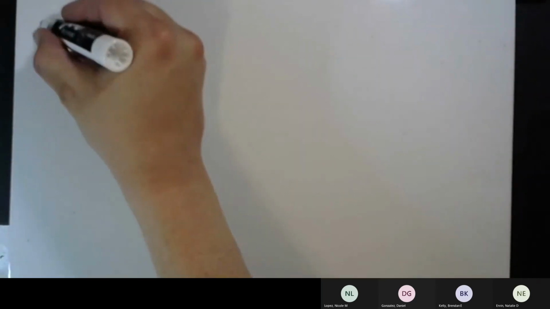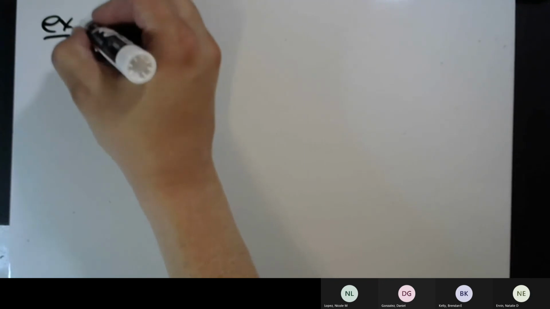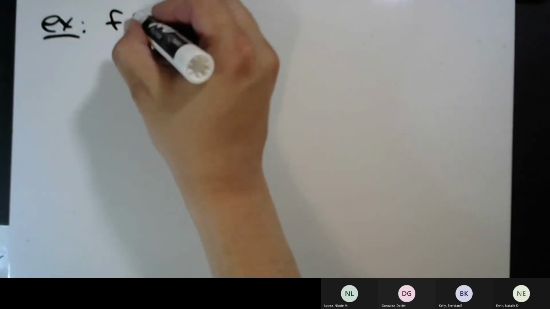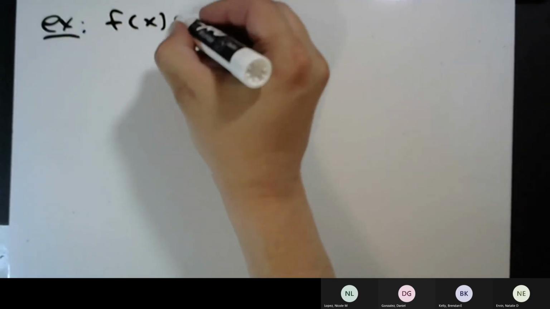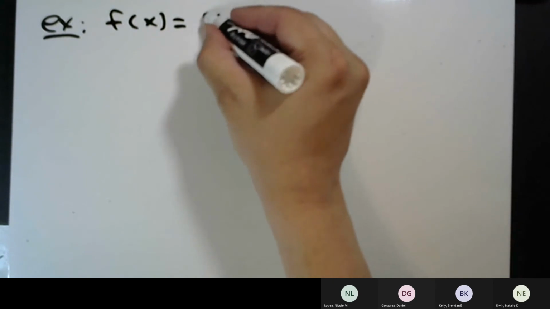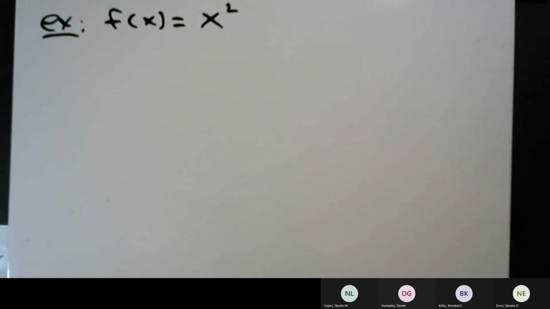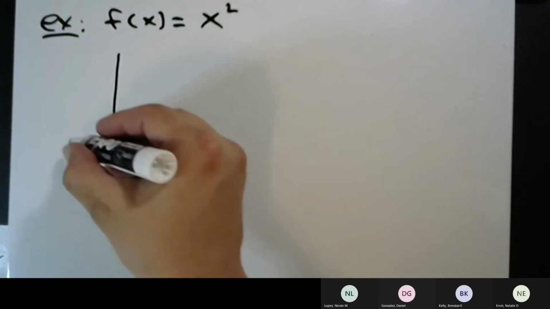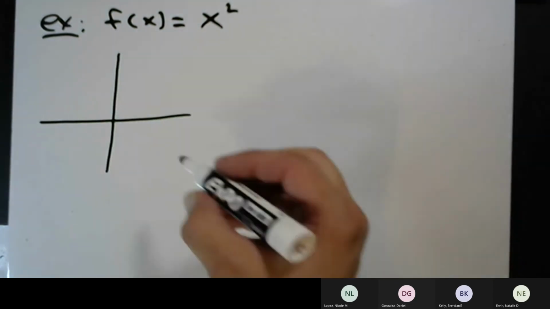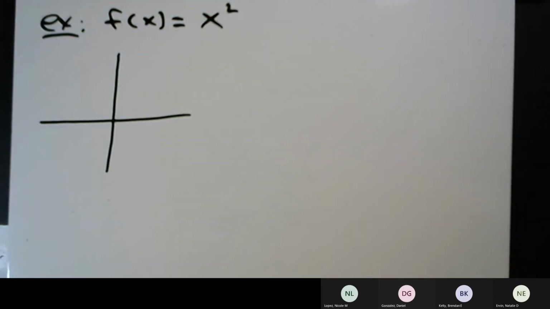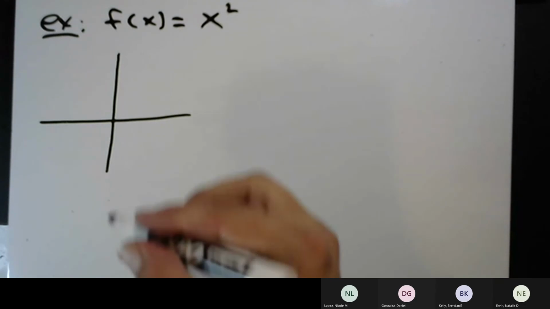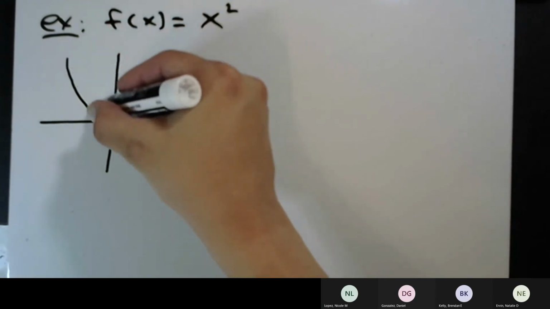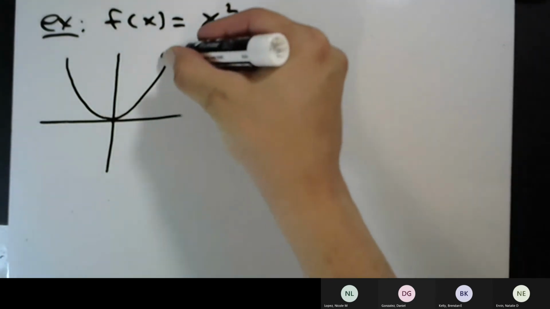Let's go with one that we're a little familiar with, a parabola. So if we take a look at a graph of our parabola, we're going to see it does something like this.